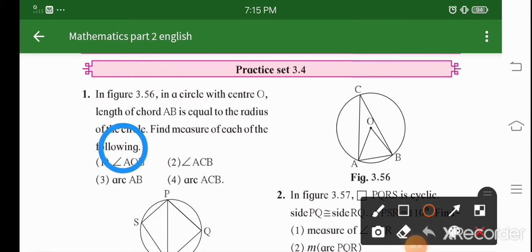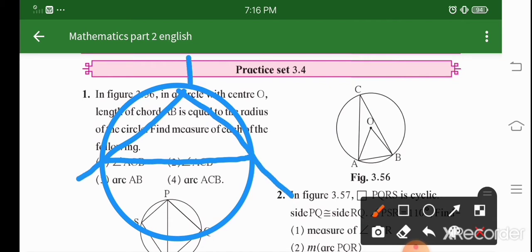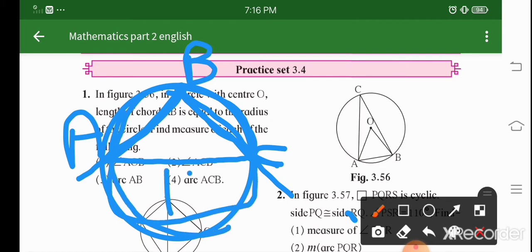Suppose this is an angle, this is B, this is A, and this is C. Can you see this is an inscribed angle because B is the vertex? Whenever an angle is inscribed in a semicircle, it is a right angle. How is it a right angle? Let's see. As we know, the full measurement of this circle is 360, so half of it is 180.